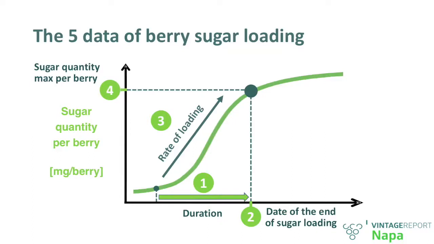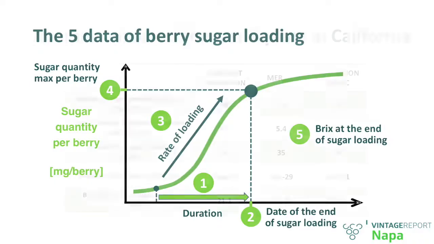The unit is milligrams per berry per day. So in relation with the quality of ripening. Then the fourth parameter is the maximum at the plateau, so the maximum sugar quantity per berry. And finally, the fifth parameter: at the moment of the beginning of the plateau, what is the Brix? Okay, so this is an indicator of the quality of the ripening.